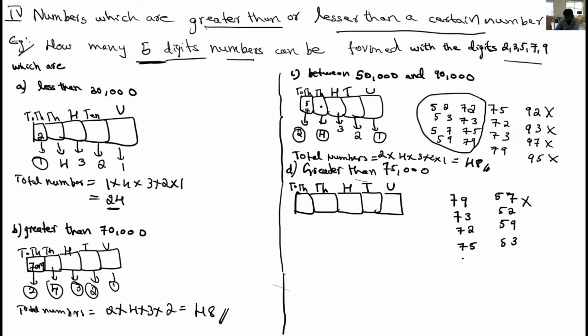Then take the next case, 9 in the 10,000 place. You may get 97,000, 93,000, as well as 92,000 and 95,000. This case is also possible, right? So in the 10,000 place only two numbers are possible, that is 7 and 9.